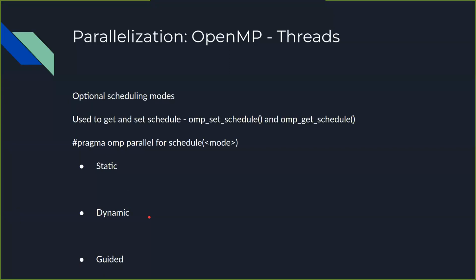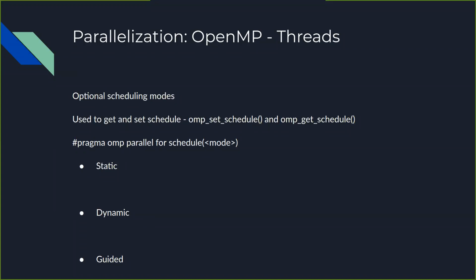Dynamic is sort of first come first serve basis for scheduling threads. So, for example, data at IDs 1, 2, 3, 4 will be passed on to one thread, and so on.